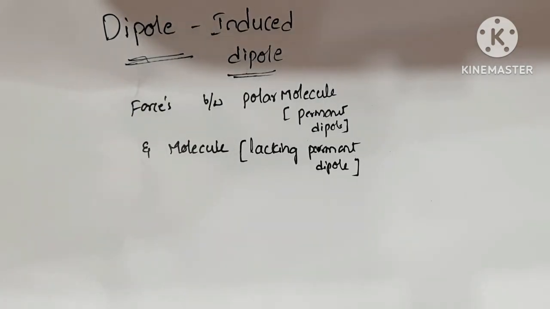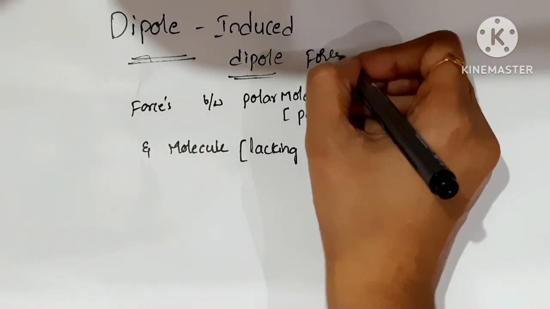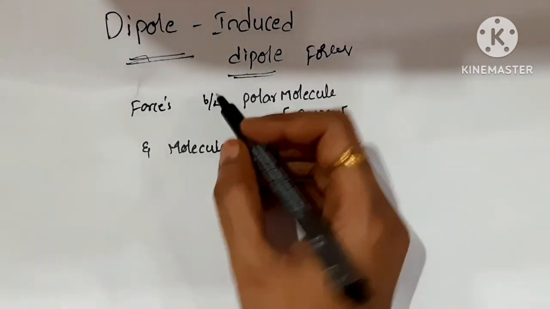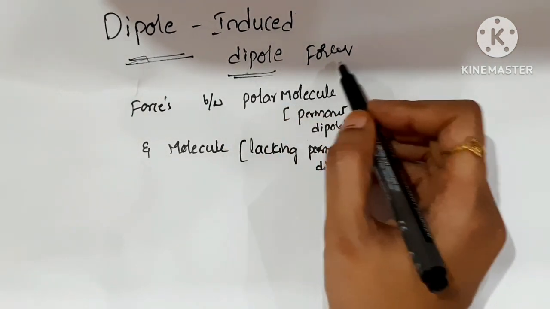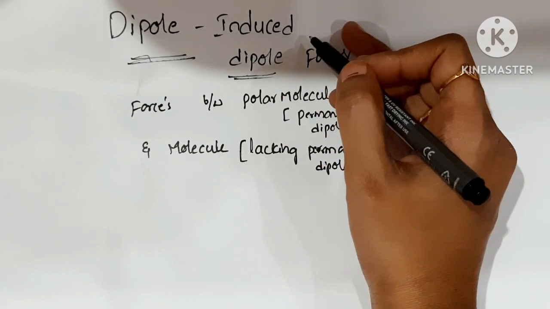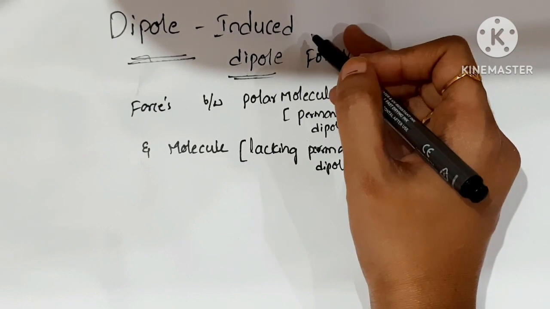So dipole induced dipole forces. All these are attractive forces. You have to remember, all these are attractive forces, not repulsive forces. All these attractive forces are present in interacting particles present in the matter. Here you have to observe dipole and induced dipole. I have already told you in my last video about induced dipole.